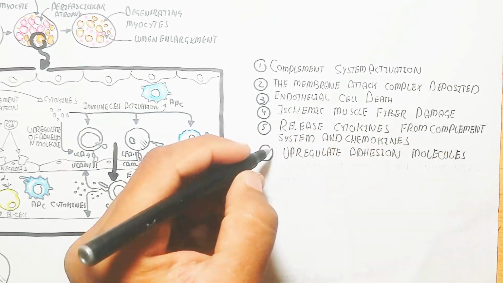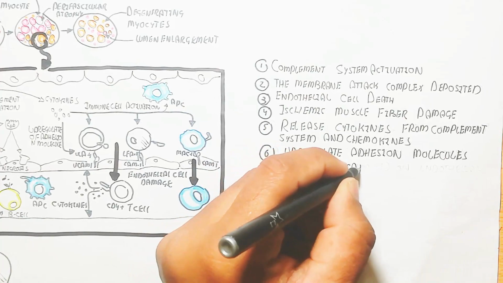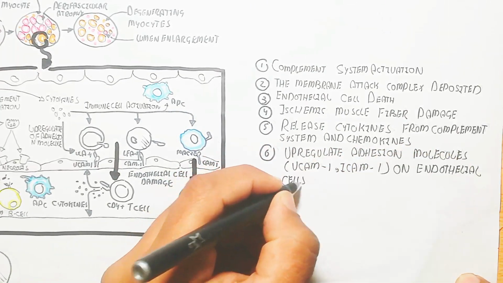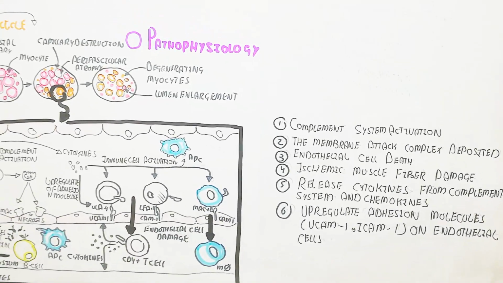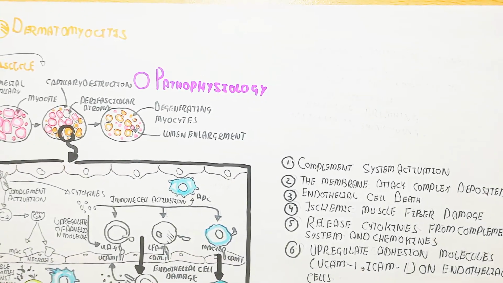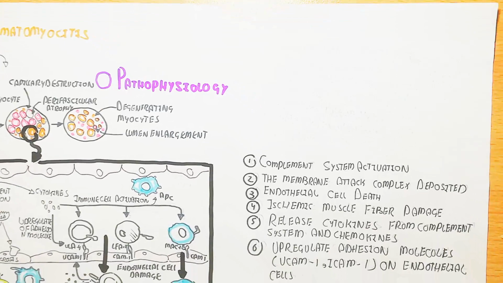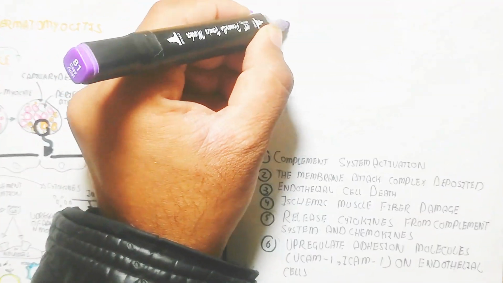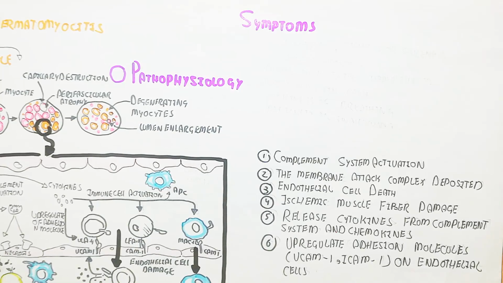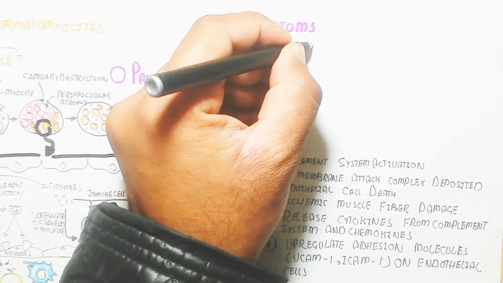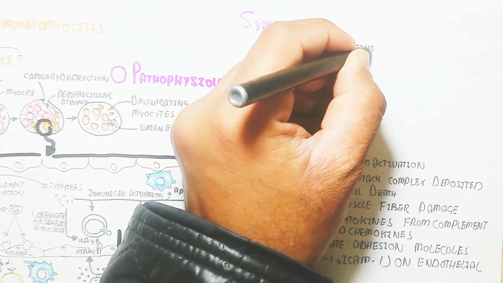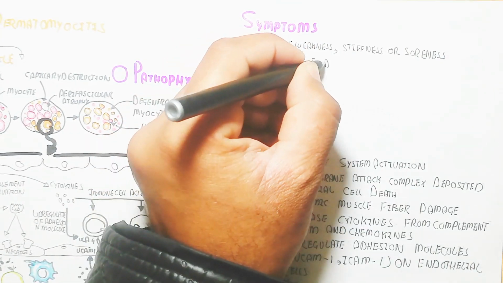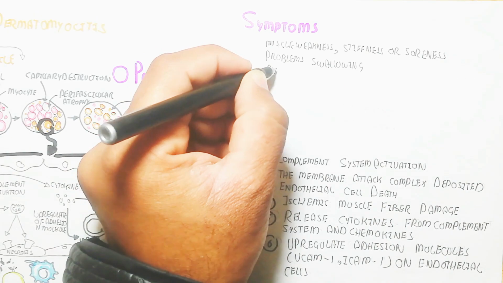This will lead to step 6, upregulation of adhesion molecules like VCAM1 and ICAM1 on the endothelial cell, which will activate the CD4 helper T cell, which will activate the antibodies, while the CD8 is also activated, leading to damage, basically apoptosis, but the necrosis is important because of the cell death.